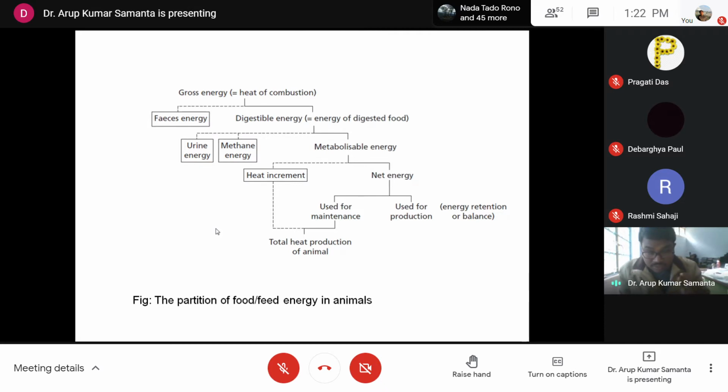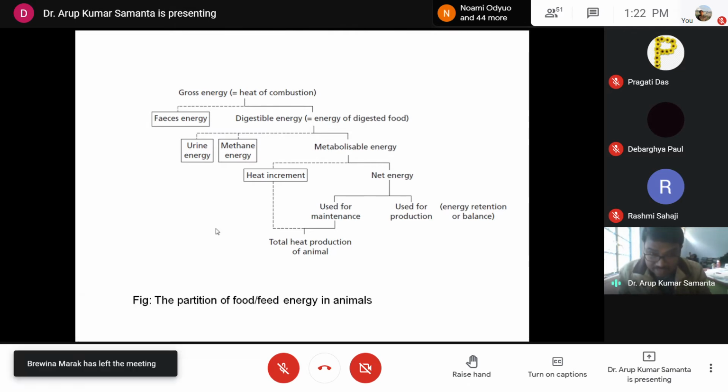If 20 kilocalorie is excreted out through the feces, in that case the digestible energy content will be 100 minus 20, that is 80 kilocalorie.